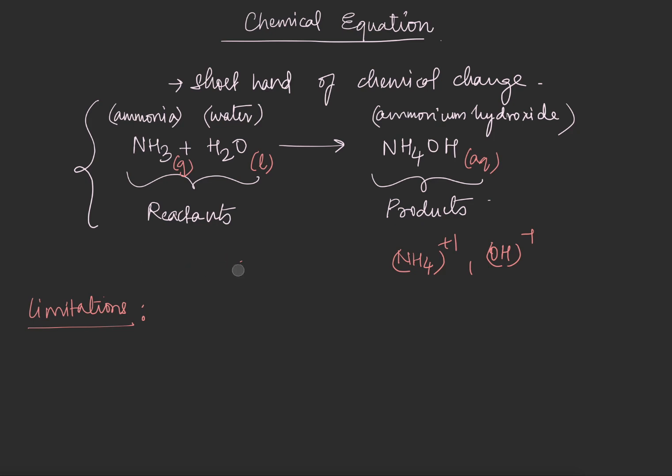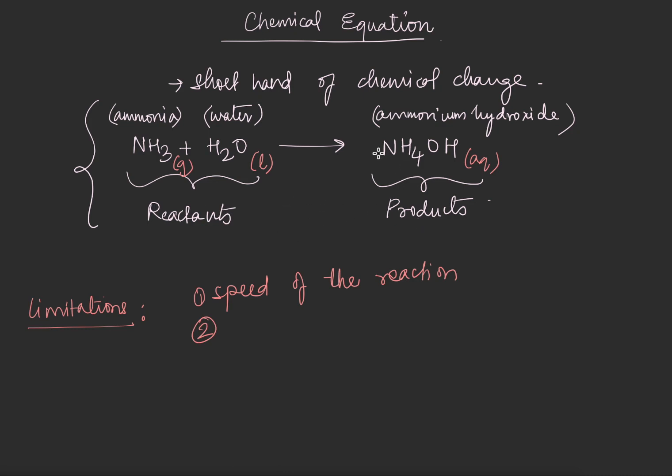When you look at a chemical equation like the one that we have mentioned over here, firstly, we do not know the speed of the reaction. Is the reaction a fast reaction or does it take place in 2-3 days? Is it a slow reaction? The information about the speed of the reaction is not provided in a chemical equation.